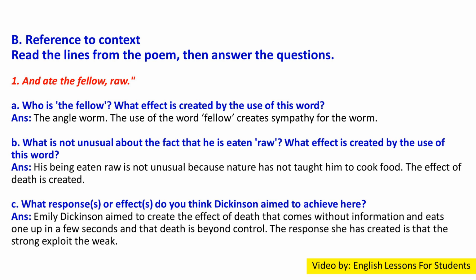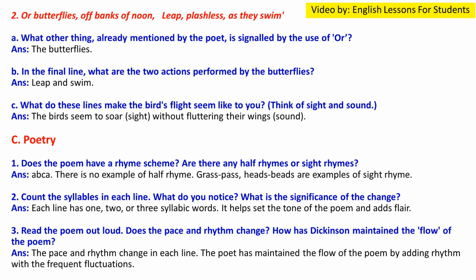Answer. Emily Dickinson aimed to create the effect of death that comes without information and eats one up in a few seconds, and that death is beyond control. The response she has created is that the strong exploit the weak. 2.